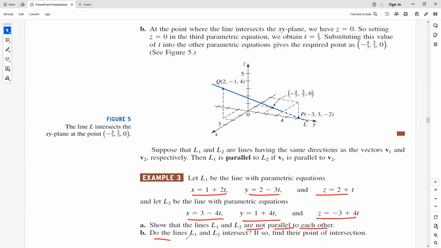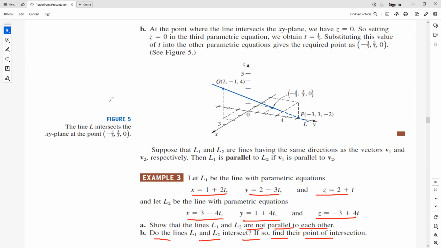They also ask: do lines L1 and L2 intersect? If so, find the point of intersection. The first thing we need to see is whether these are parallel or not, because if these two are parallel, then they are not going to intersect.